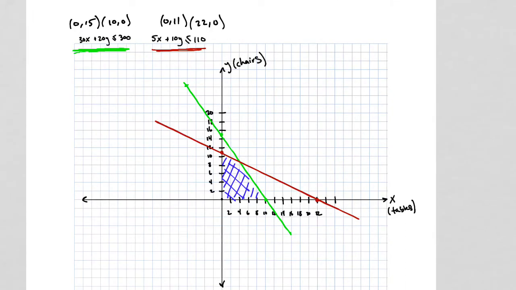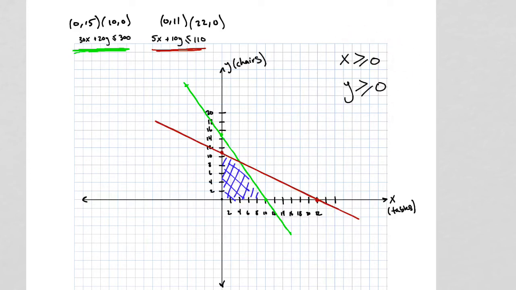Okay, earlier I also pointed out that x has to be greater than or equal to 0. Y has to be greater than or equal to 0. And what that does is that kind of binds this feasible region to just the area in blue. See, if I colored in the blue over here, it wouldn't make these constraints ring true.